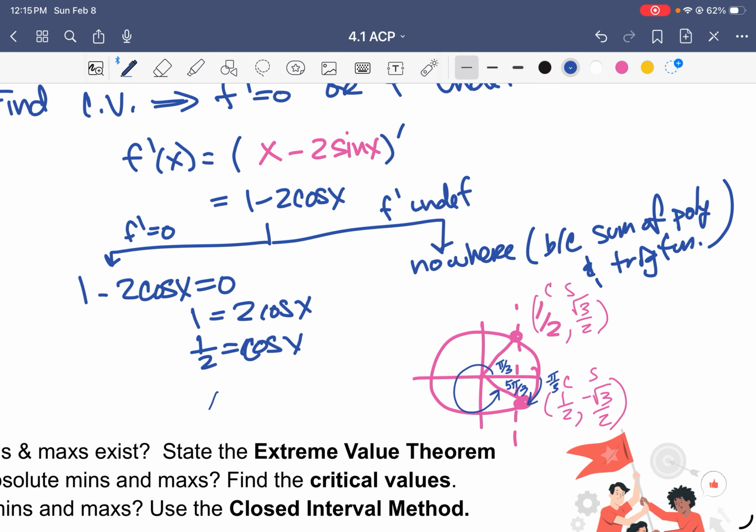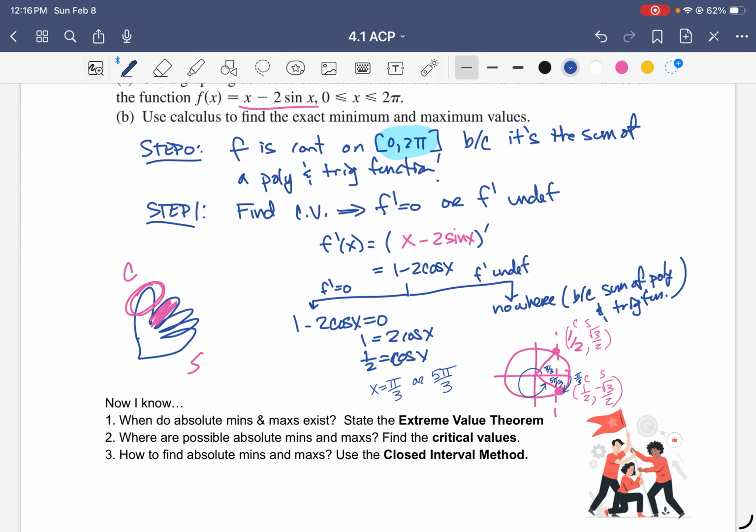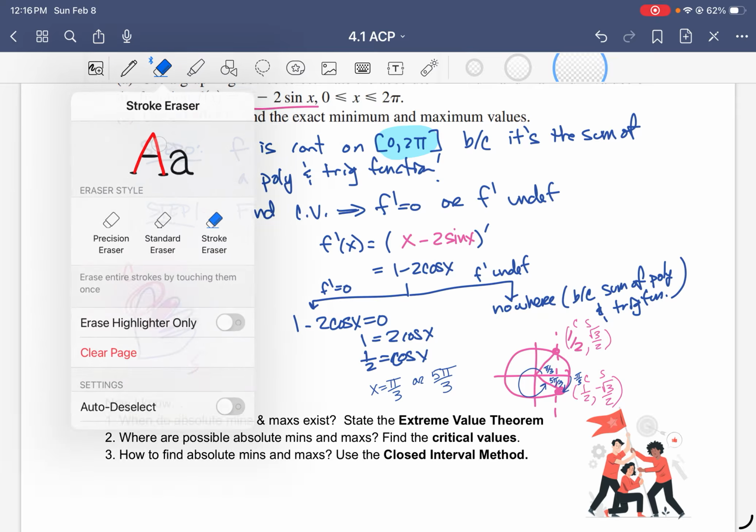So that means x is equal to pi over 3 or 5 pi over 3. Right? So those are my only critical values.